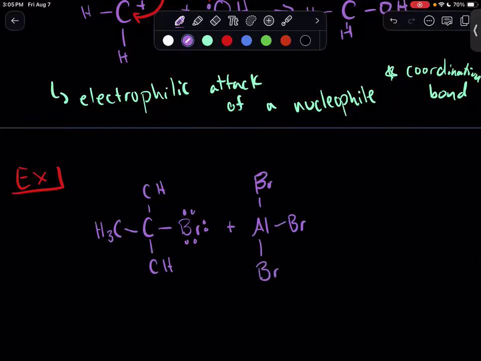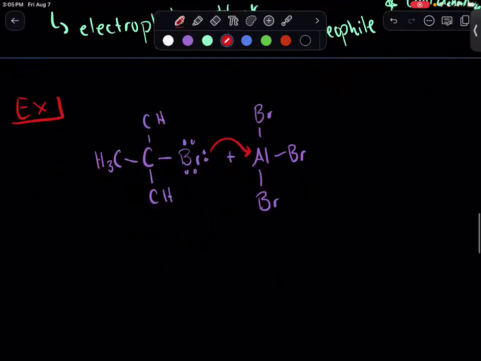This aluminum is both very partially positive while also having an incomplete octet. It is going to try and form this coordinate bond as well. So we have another coordination bond present here.